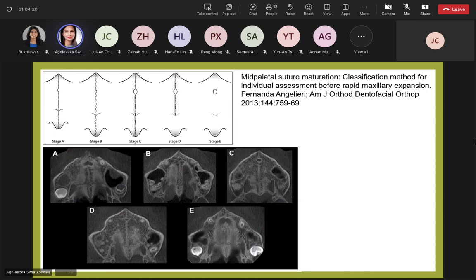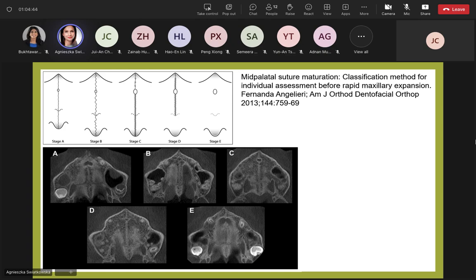We should think about surgery-assisted rapid palatal expansion, because in this stage, the suture in this distal palate, here we have palatine bone, is closed, and here all the suture is closed. So we can't expect that after our treatment by expansion, we open the suture.